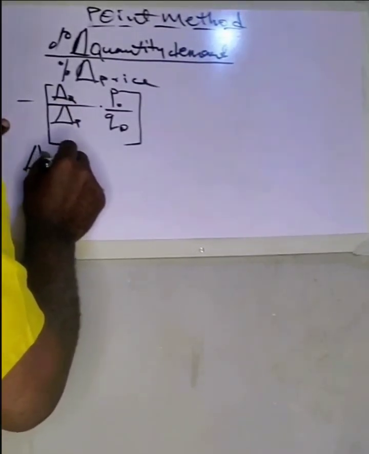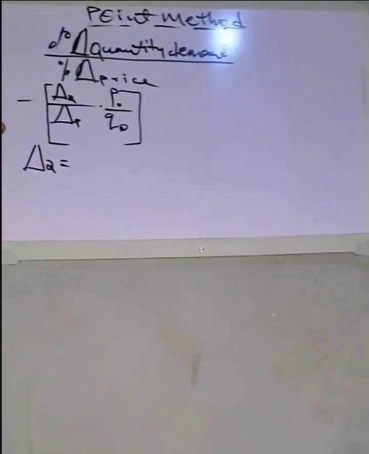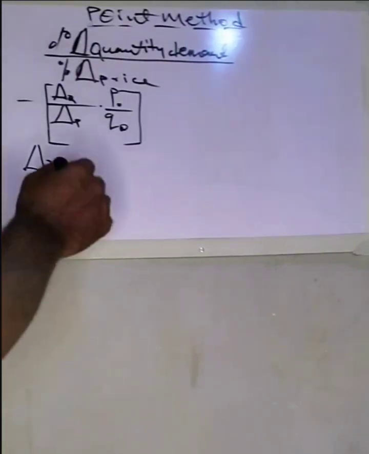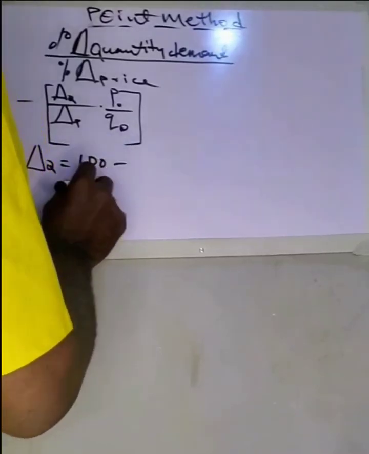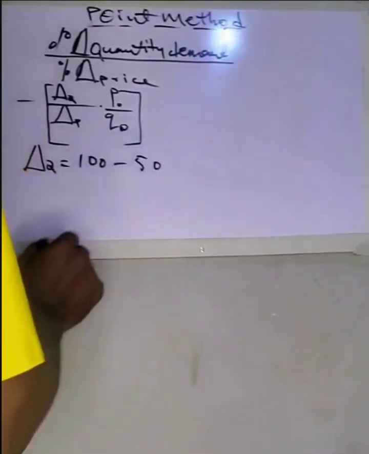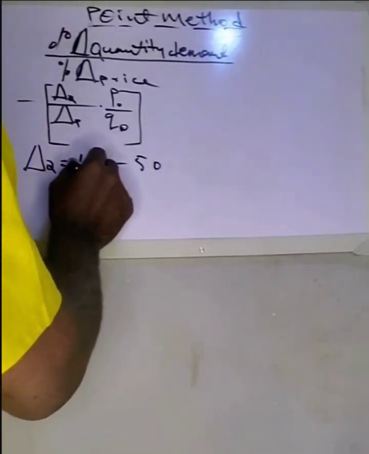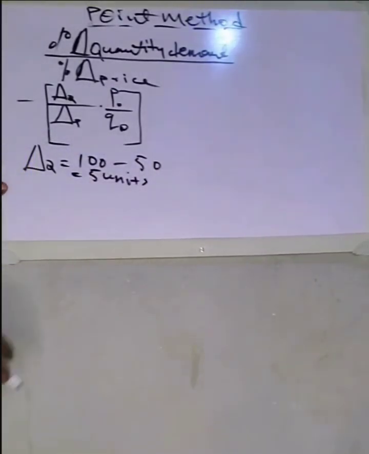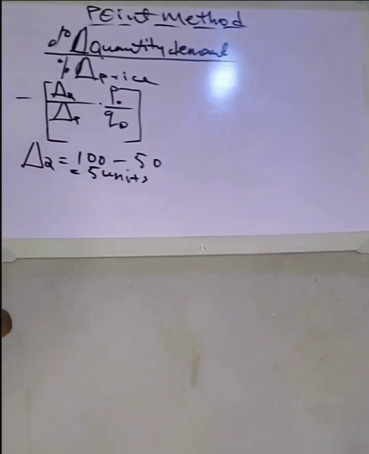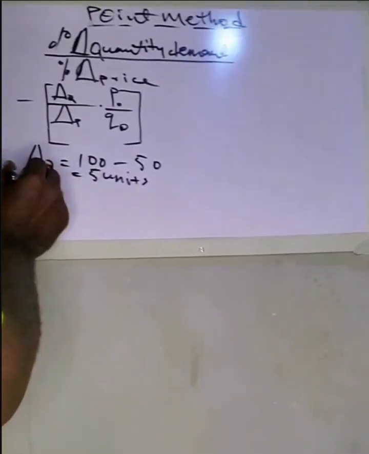Change in quantity demanded is equal to our new quantity, which is 100, minus old quantity, which is 50, is equal to what? 50 units. Let's find the change in price. How do we find change in price? We subtract old price from new price.